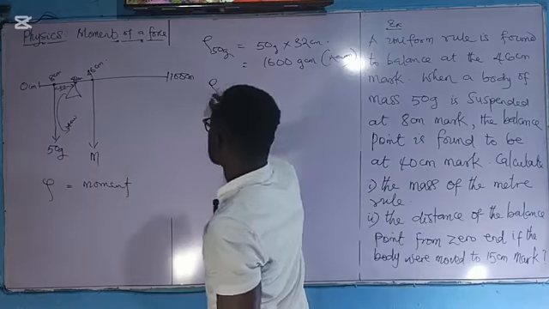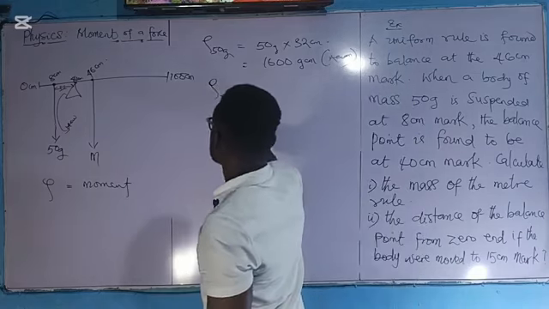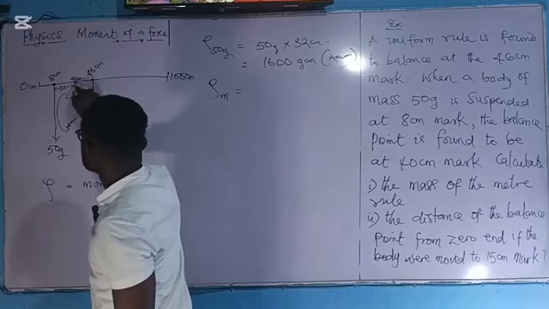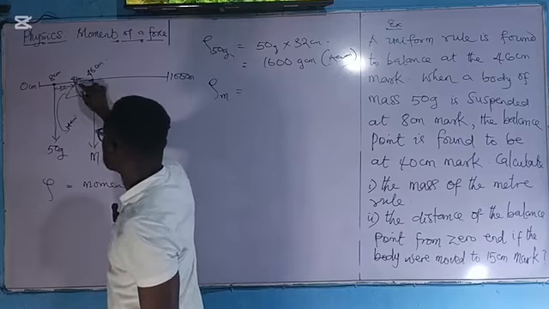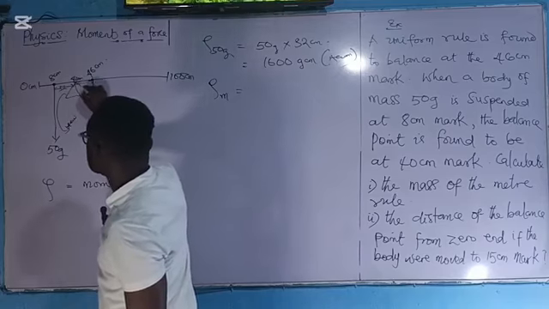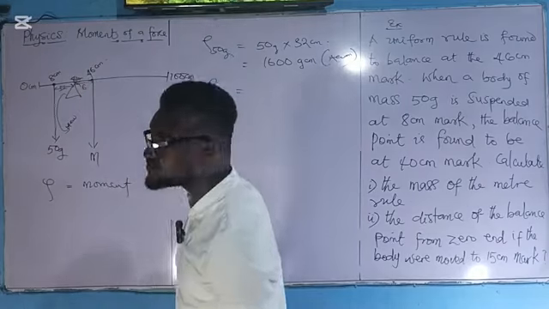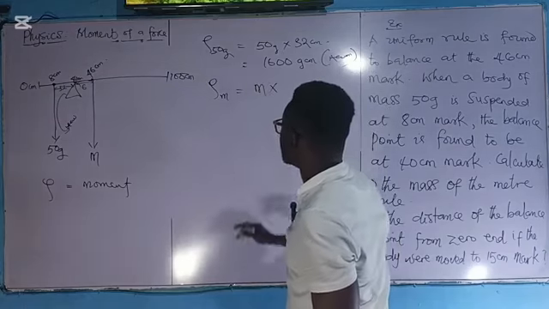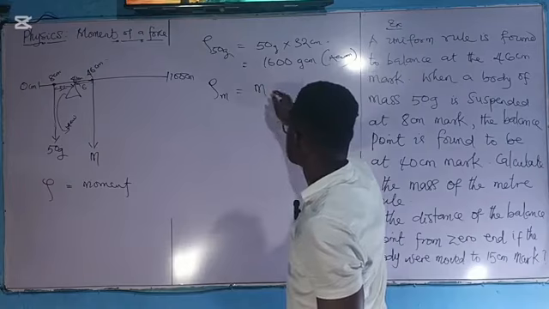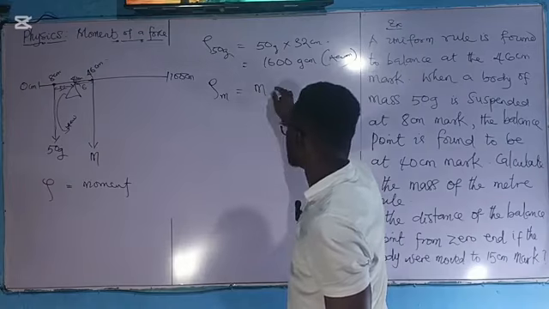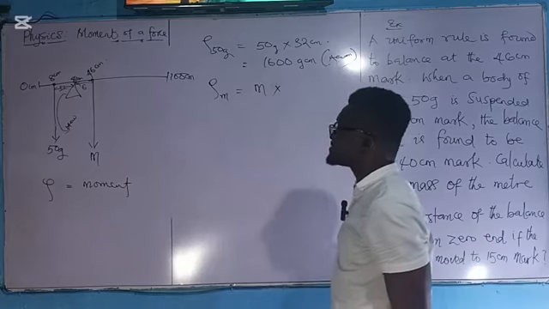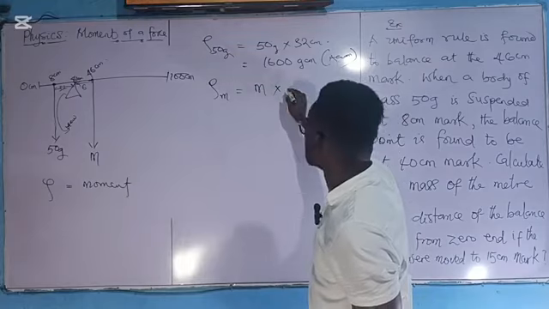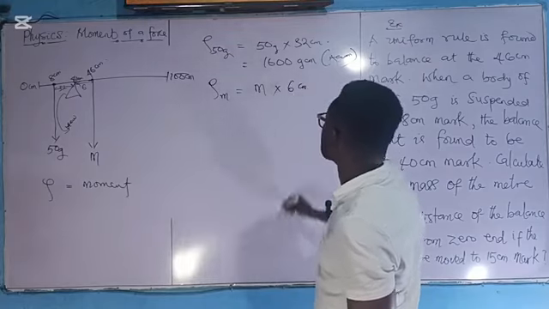Then we also check the moment of M from that same turning point. Let's get the distance there. The distance will be the difference between 40 and 46, which will now be 6. So the moment of M will be M times, since we are looking for the value of M, 46 minus 40, which is 6 cm, right?